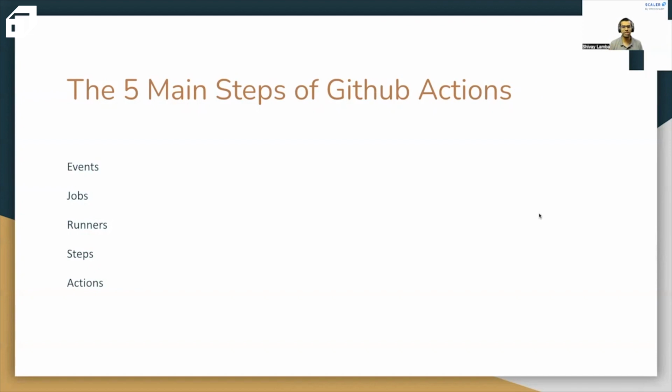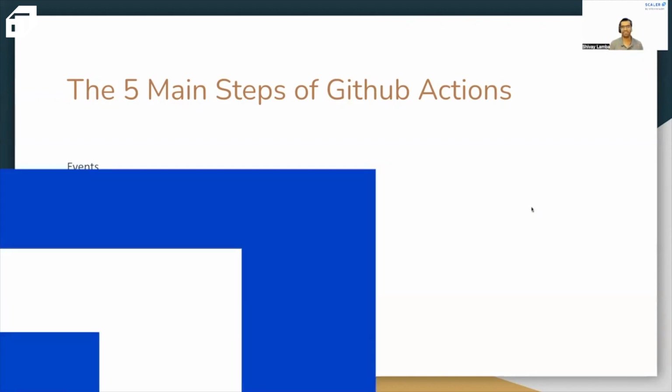An action is a custom application written for the GitHub Actions platform that performs a complex task that you'll be defining. And of course, as we mentioned, a runner is a server that allows you to run these workflows whenever they are triggered. Now, let's take a look at each of these different components as we cover events, jobs, runners, steps, and actions.